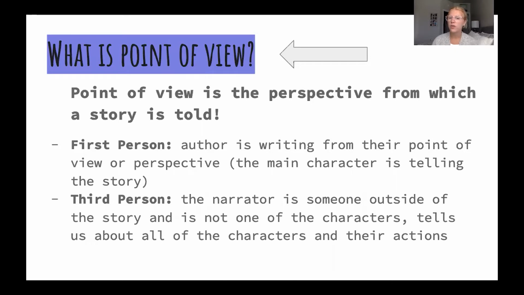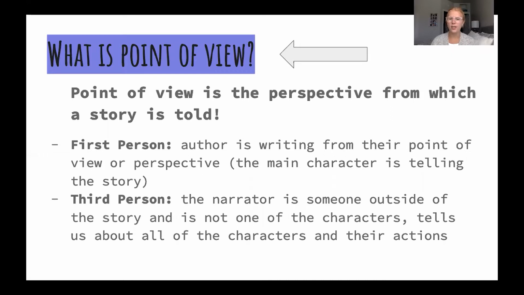So let's review first person real quick. First person, the author is writing from their point of view or perspective. The main character is telling the story. So in a first person narrative or text, the author is writing from their point of view and their perspective. So it's normally the main character who is telling the story in a first person perspective.